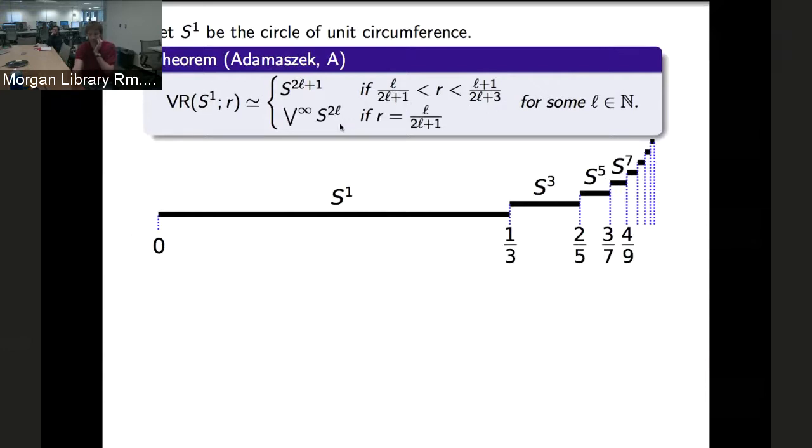The second part of this piecewise formula is telling you what happens at the intermediate barriers. In between two odd spheres, you have an infinite wedge sum of even spheres of the intermediate dimension. So at scale parameter 1/3, the homotopy type is an infinite wedge sum of 2-spheres.